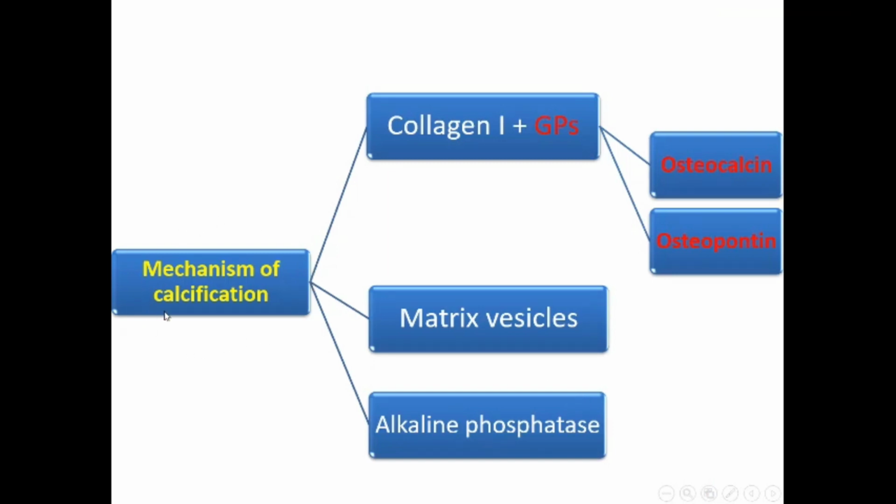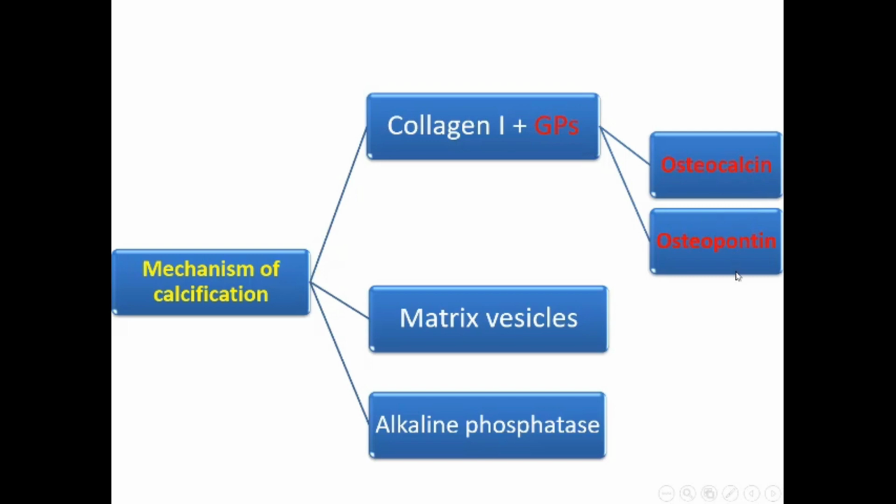The mechanism of calcification: why does calcium deposit on the bone? We have at least three reasons for that. The first reason is collagen type 1 plus glycoproteins. Collagen type 1 is very susceptible to deposition of mineral material when we have bone glycoproteins like osteocalcin and osteopontin.